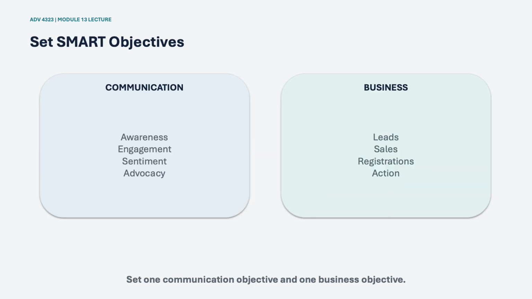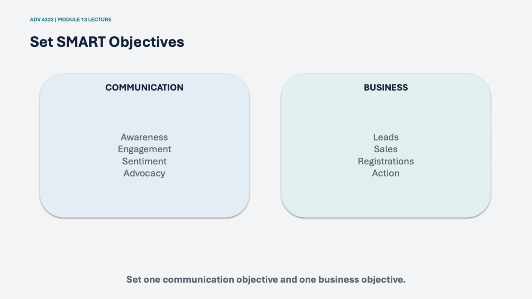Next are your SMART objectives. You should already have developed these earlier in the semester, so again, return to that assignment and review your feedback. For the final strategy, you will have a communication objective and a business objective. The communication objective might focus on awareness, engagement, sentiment, or advocacy.